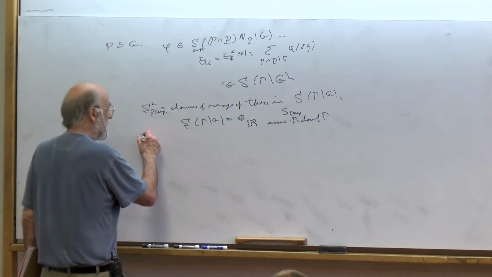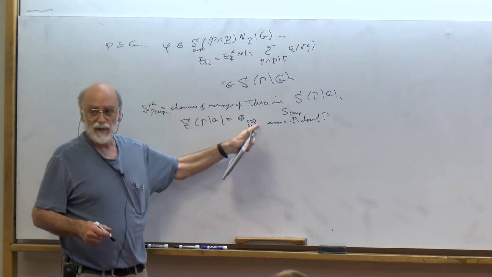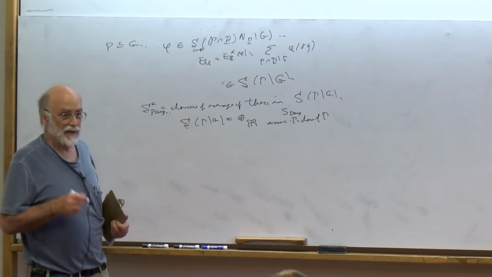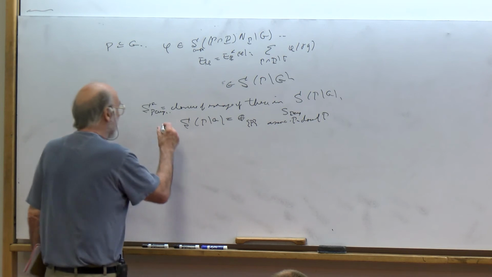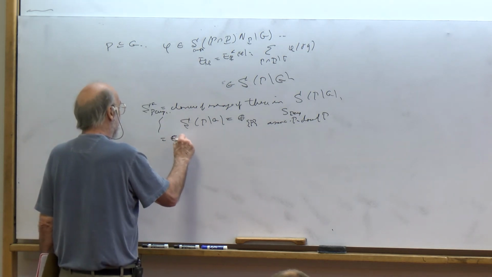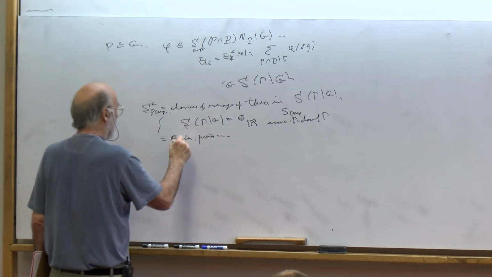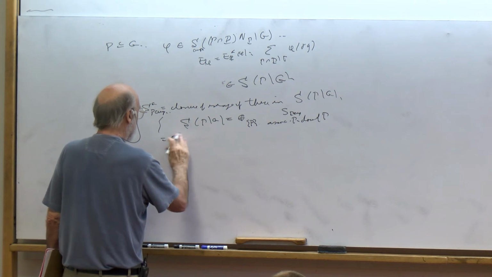So I have an immediate direct sum decomposition of my whole Schwartz space into pieces parametrized by associate classes with respect to gamma of parabolics in G. And each S_P is a direct sum of, well, not irreducible, but indecomposable pieces.